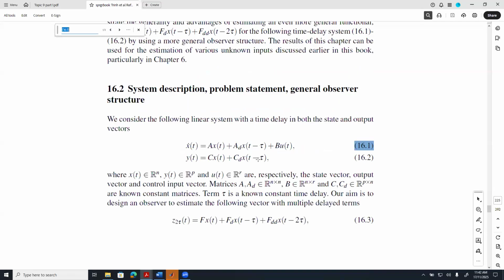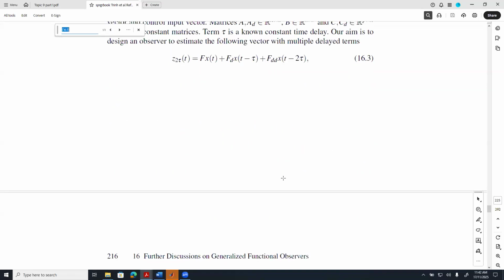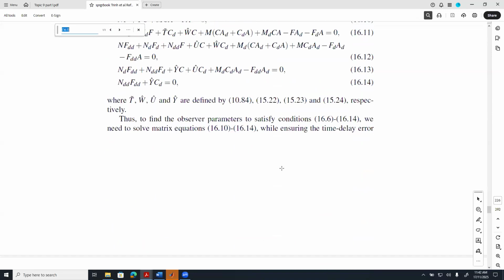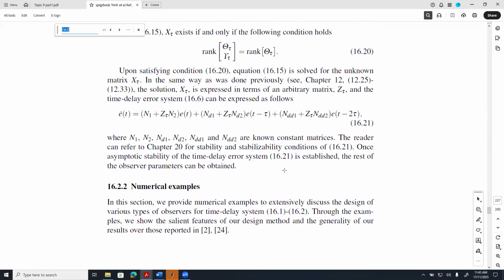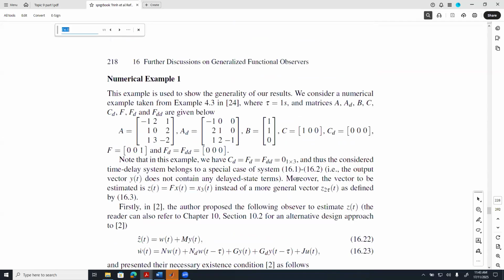And so we take an example from there. In this example, we have matrices A, AD given here, and matrices B, C. CD is 0. References 24 and 2 did not discuss the situation where CD is non-zero.